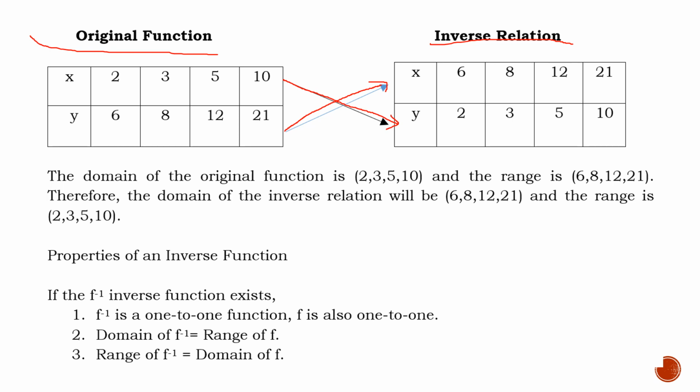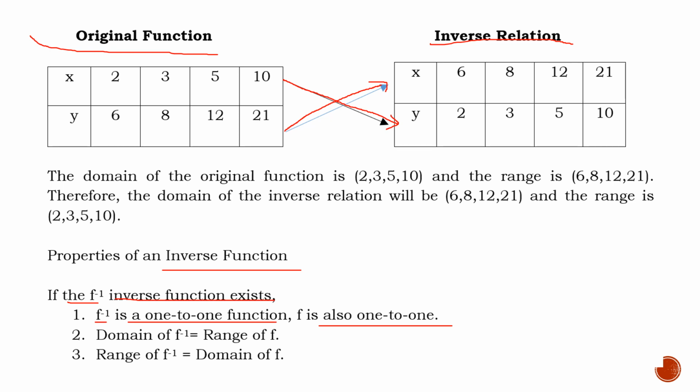So, the properties of an inverse function: if the inverse function f raised to negative 1 exists, then f raised to negative 1 is a one-to-one function, and f is also a one-to-one function. You need to make sure that these two functions are one-to-one functions before you conclude that there is an existing inverse function.